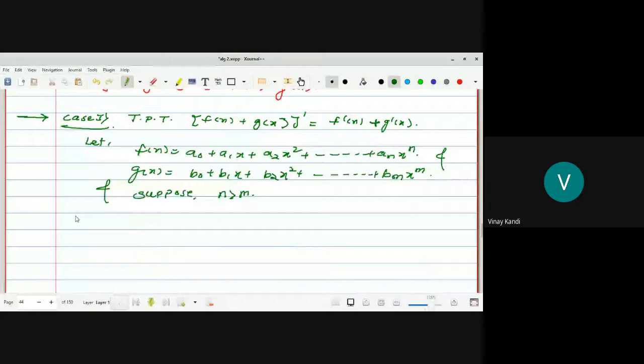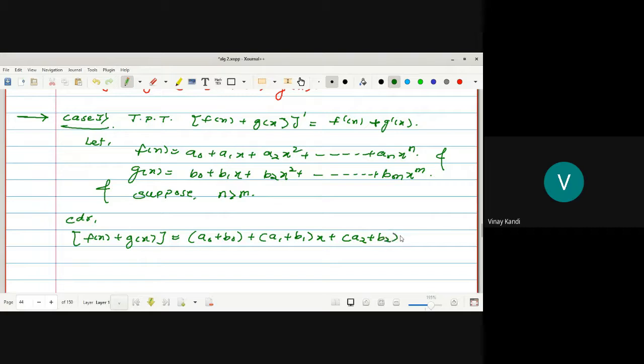Now consider f(x) plus g(x), which is equal to, what is f(x) plus g(x)? a0 plus b0, plus (a1 plus b1)x, plus (a2 plus b2)x squared, and so on.